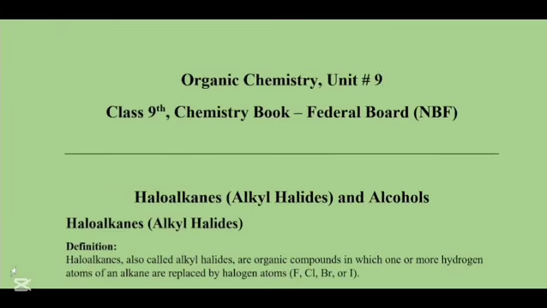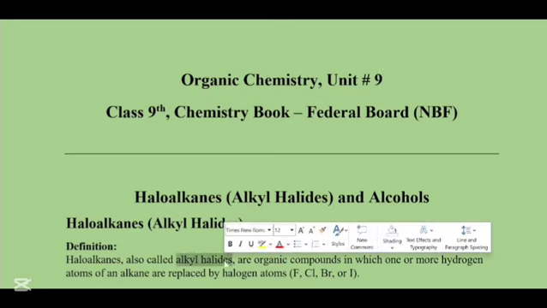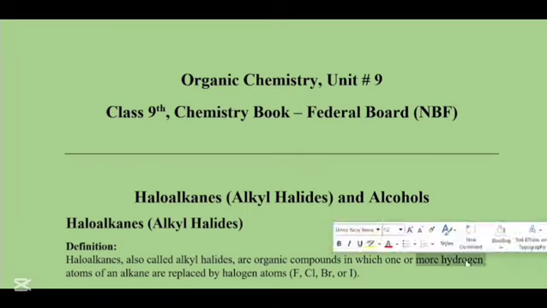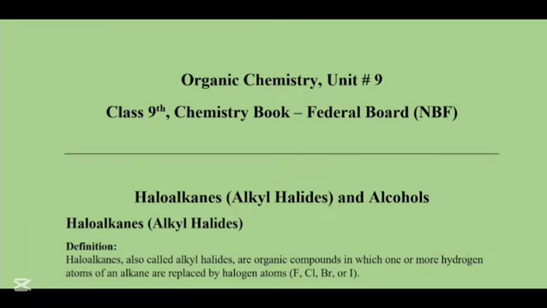Hey there everyone, today we're gonna discuss a new type of organic compound which is haloalkanes, or alkyl halides. Haloalkanes, also called alkyl halides, are organic compounds in which one or more hydrogen atoms of an alkane are replaced by halogen atoms.